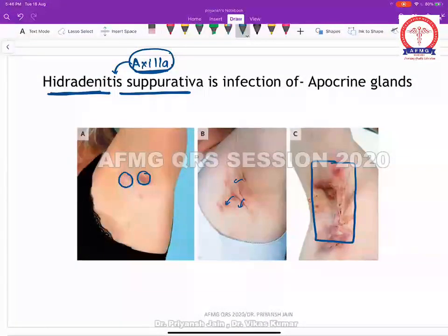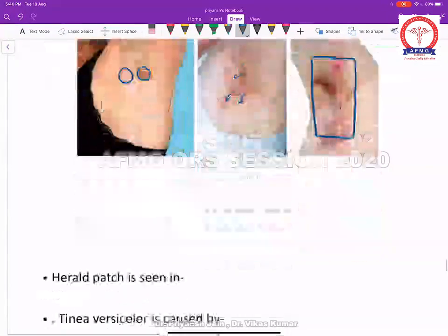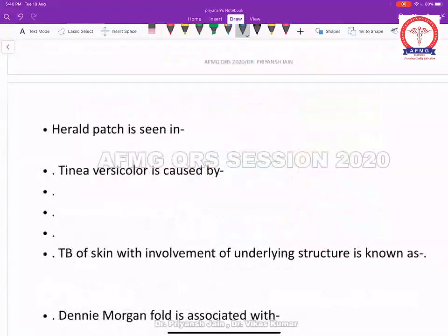Next is Herald patch. Herald patch is seen in pityriasis rosea.